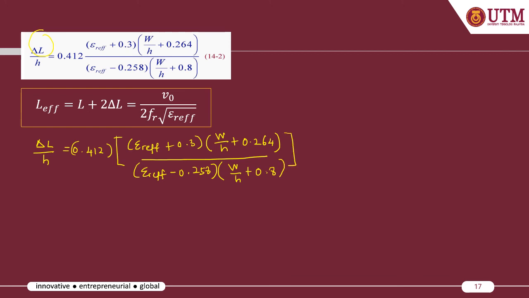Okay, so delta L, the value that you are about to calculate: you multiply 0.412 by h, 0.1588, multiplied by the other parameters.